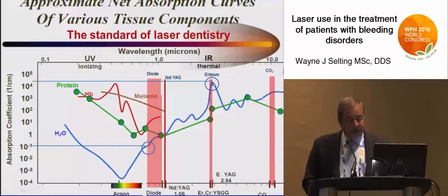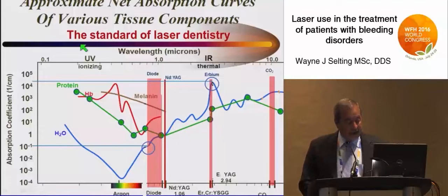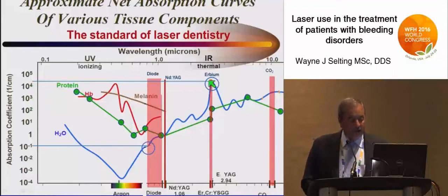You can see by these curves that the interaction with tissue components is highly dependent on the wavelength, and as a matter of fact, this is a logarithmic scale. So this means it interacts 10 times, 100, 1,000, 10,000, 100,000. So erbium energy is absorbed in water more than 100,000 times as much as diode laser.